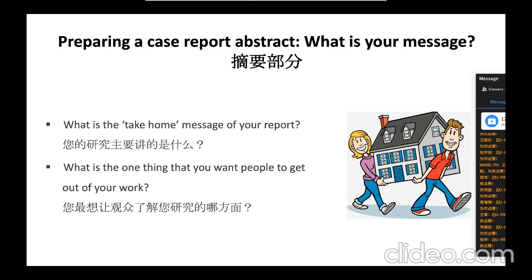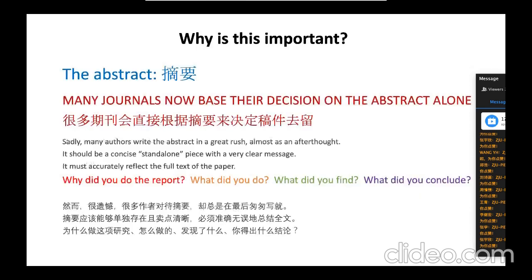What's the key message of your report, the key message of your study? Because this has to be emphasized in the abstract, in the appropriate place, which is, of course, at the end, finishing strong, putting across the main message in the last sentence of that abstract in terms of the structure that we talked about before.